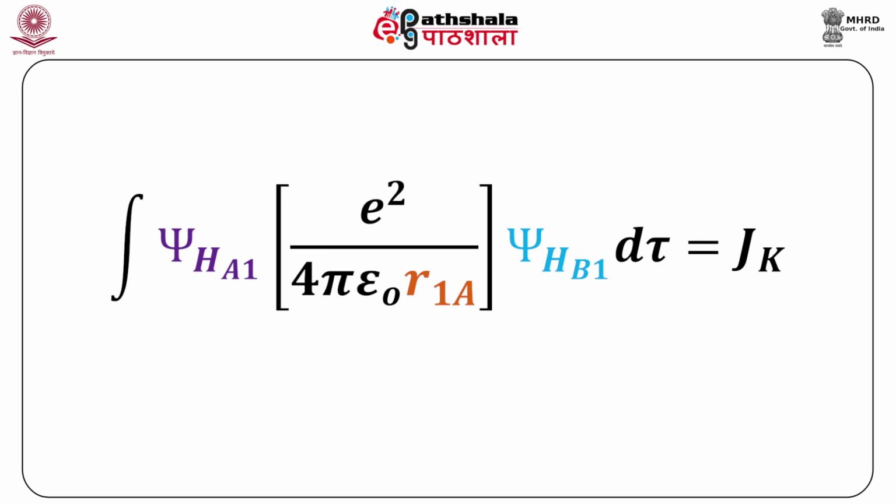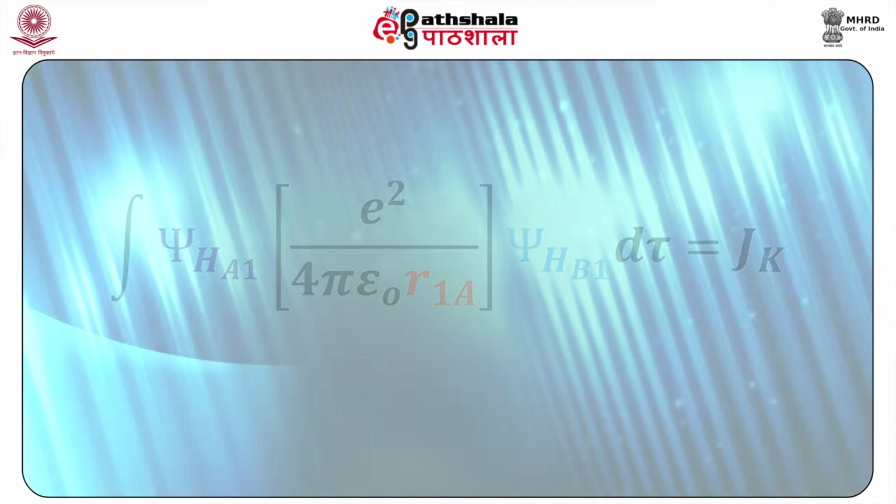Whereas the second term is the integral d tau psi HA1, e squared upon 4 pi epsilon 0 r1a, psi HB1.